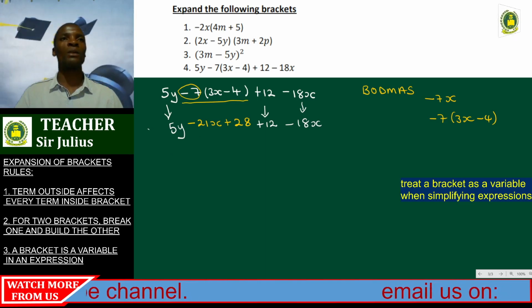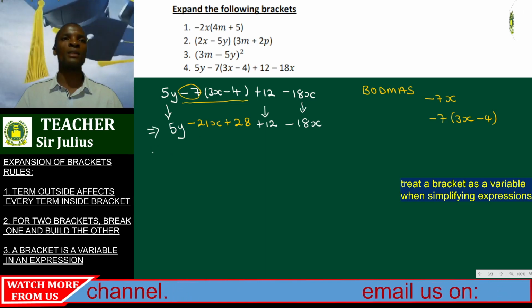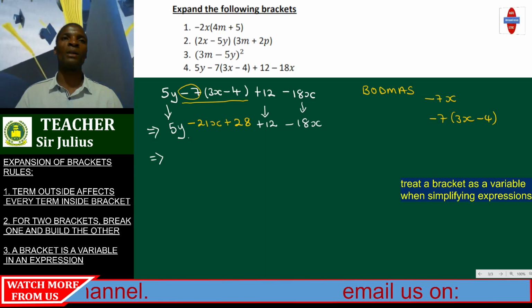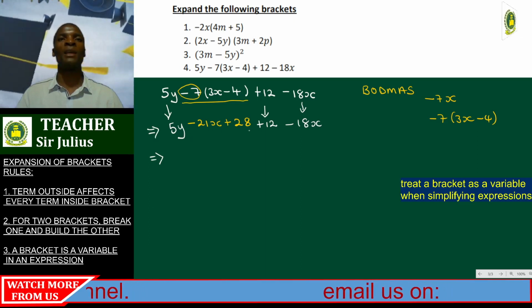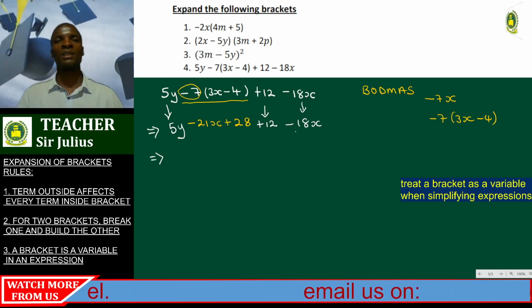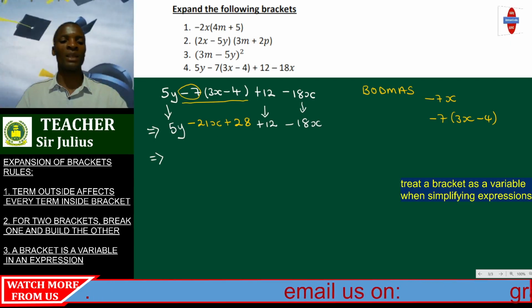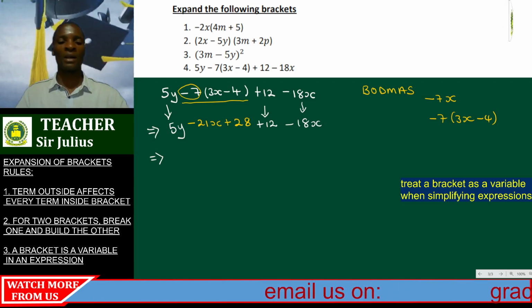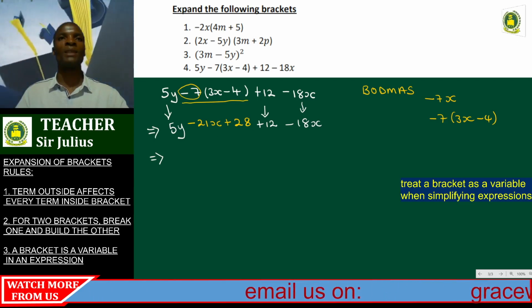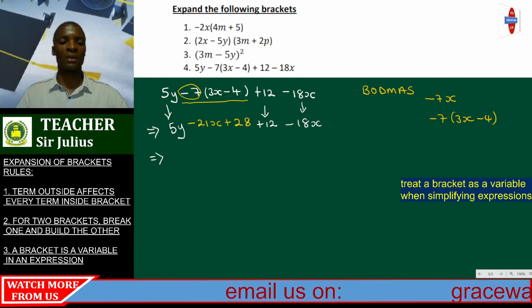Okay, so what you're going to do at this stage is simplify all these things as like terms, meaning we are done with rule number 3 applied, and we are done with rule number 1 applied.